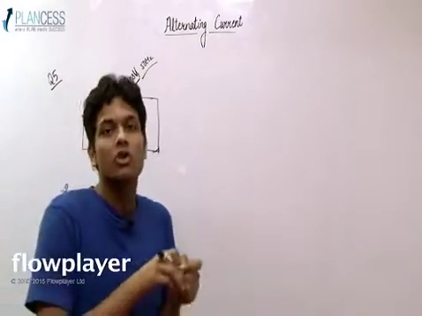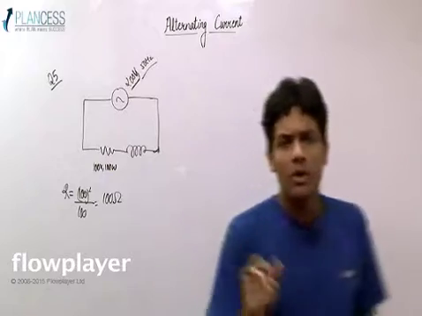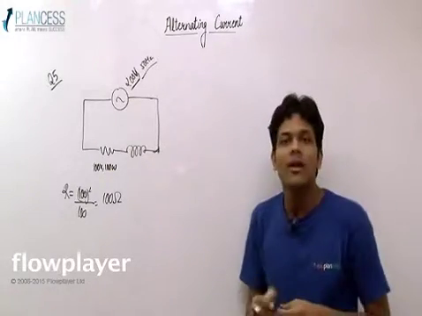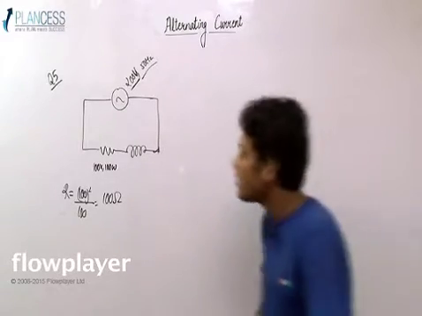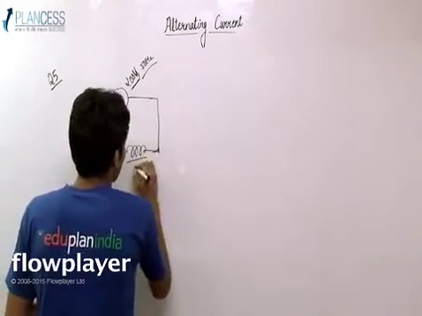what happens is there is a choke coil. Many of you may have seen in the case of a tube light, there is a choke coil associated with it. That choke coil is nothing but an inductor.